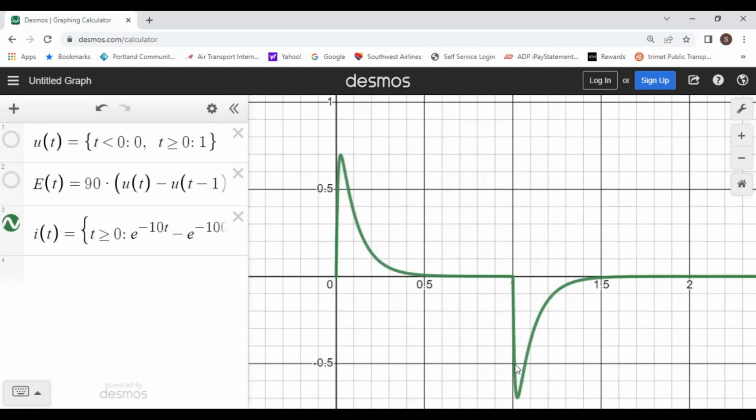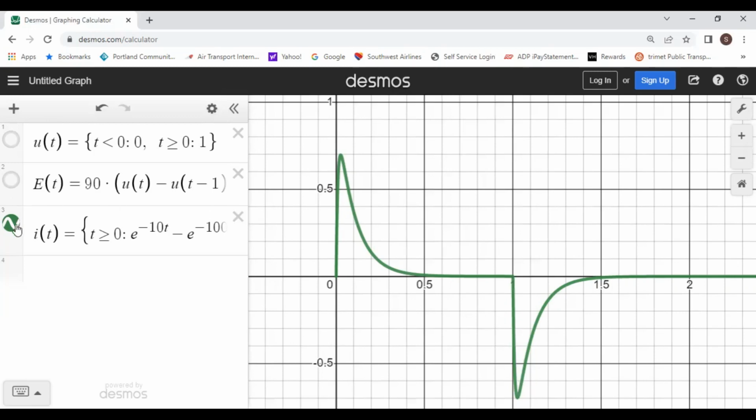And what we have here now is induction. So now the current, in a way, almost like splashes back. So it's been building up in the inductor, which is almost like its own little battery, and then it spills back out in the opposite direction, and that's why it's negative.